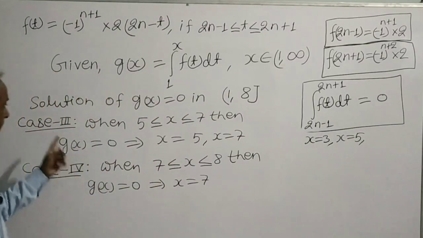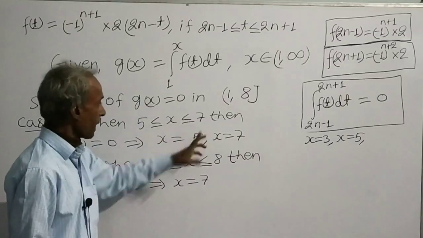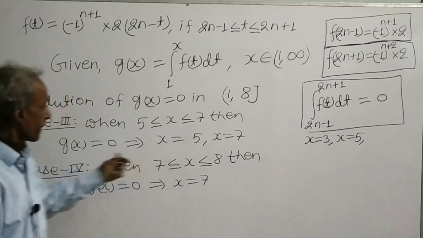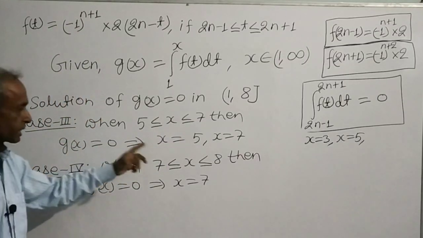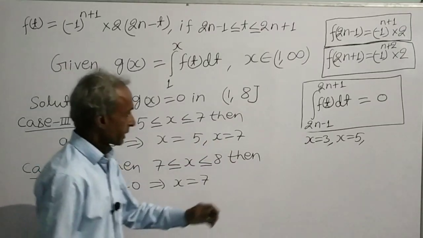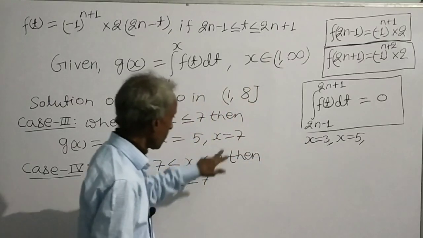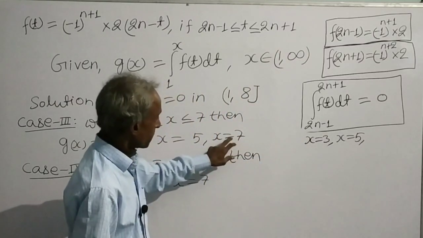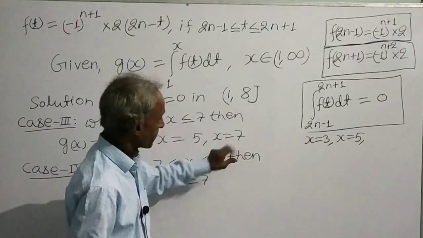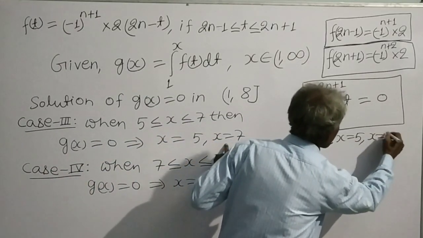Similarly, in case 3, when x lies between 5 and 7, we get the solutions of g(x) = 0 as 5 and 7. Since we have already written the solution 5, now we will write this solution, x = 7.